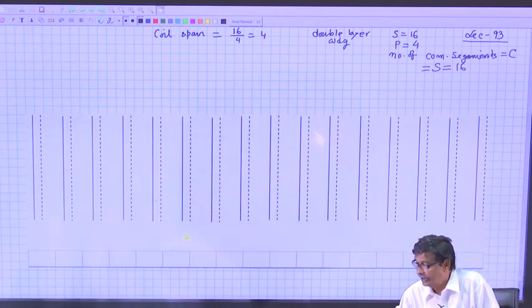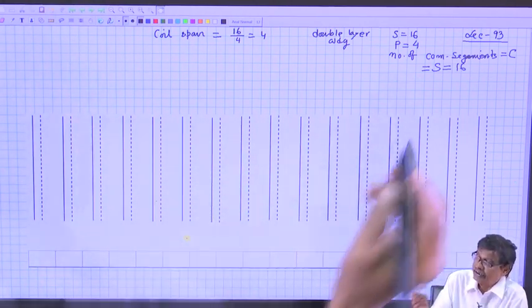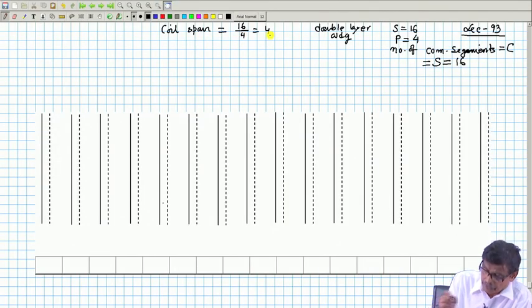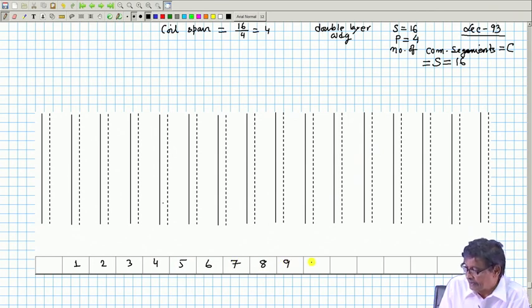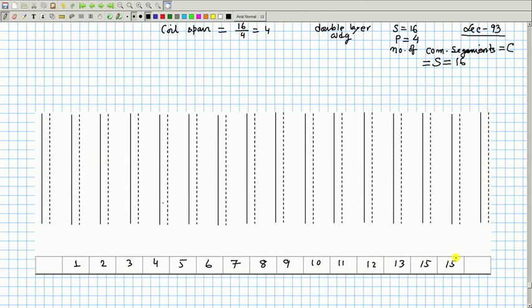Now, let us see how to start the lap winding. So, coil span is 4. Suppose this is commutator segment 1 and this is commutator segment 2, 3, 4, and so on up to 16.